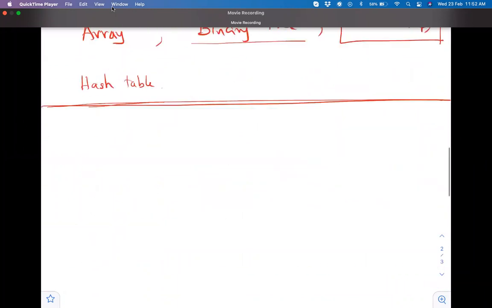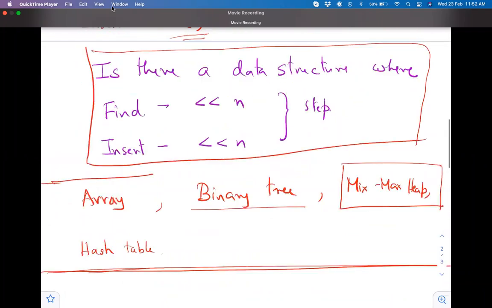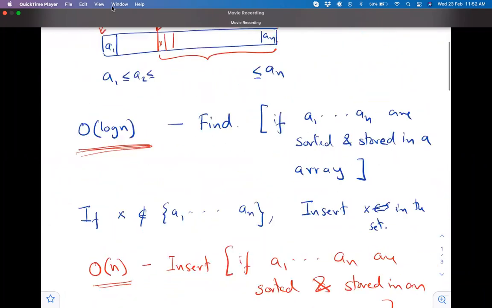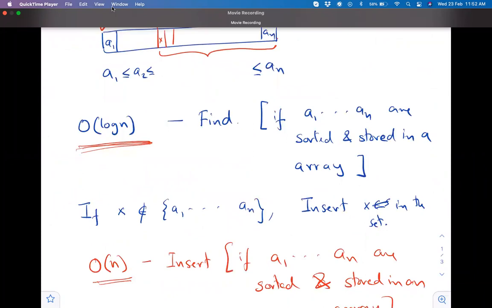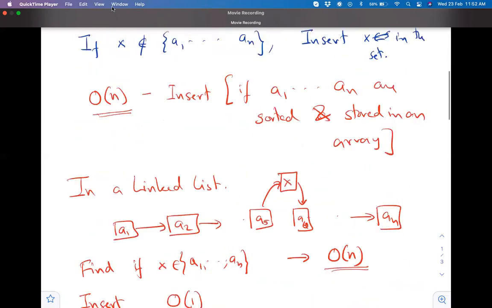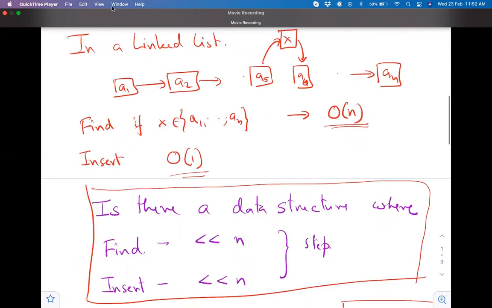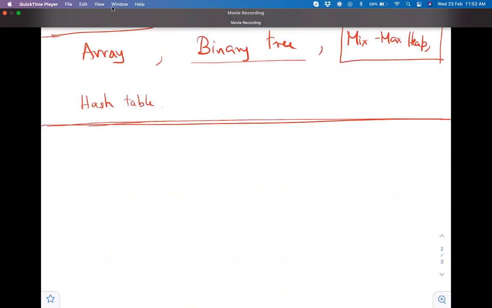Now I'll ask you another question. Just like here, you told me that I could do the find in an array in order log n, and insert in order n and all those kinds of things. But what is the lowest amount for which we can do it?